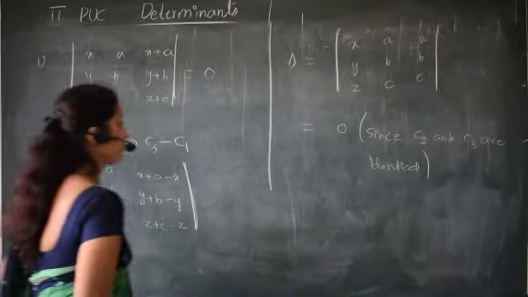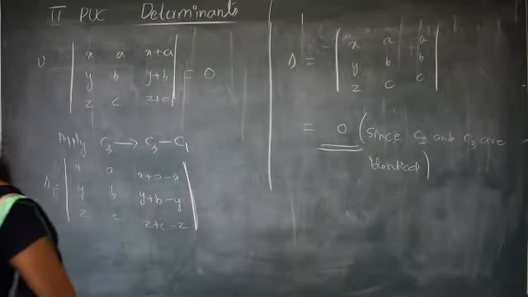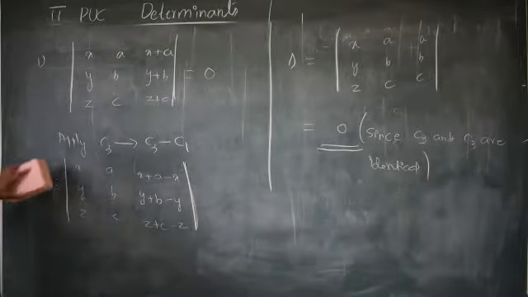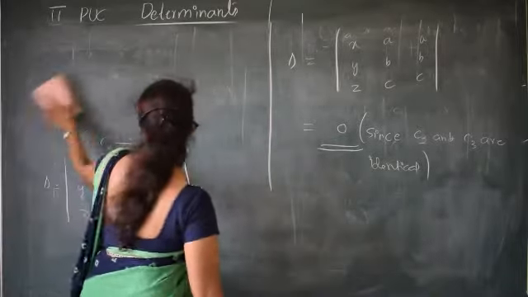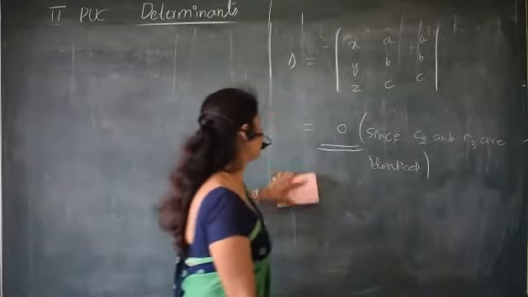We have to write the reason. So this we have to prove, this is equal to 0. So this is one problem. Either they'll ask to show that this is equal to 0, or you have to find out what the determinant value is.